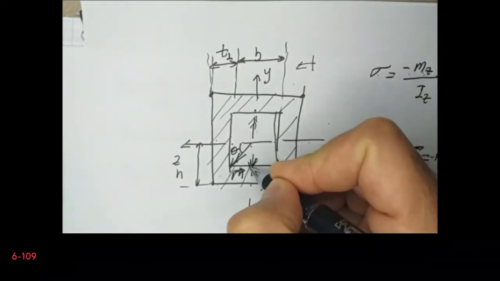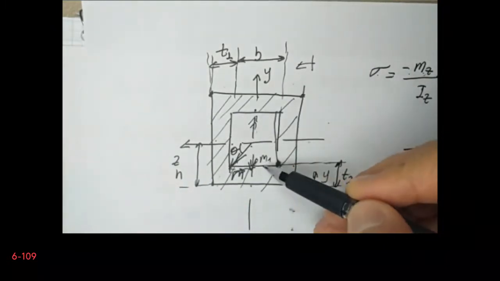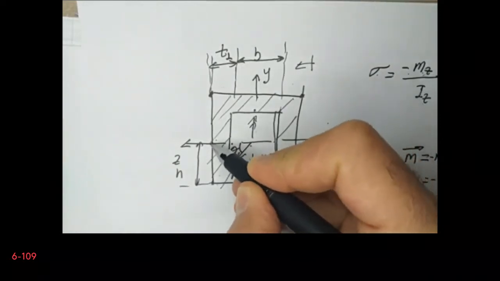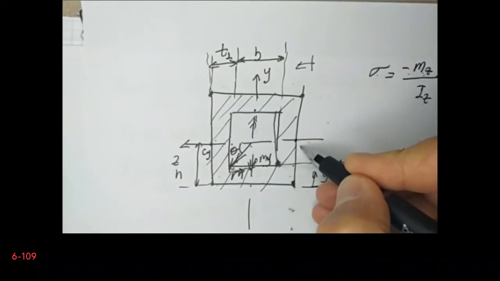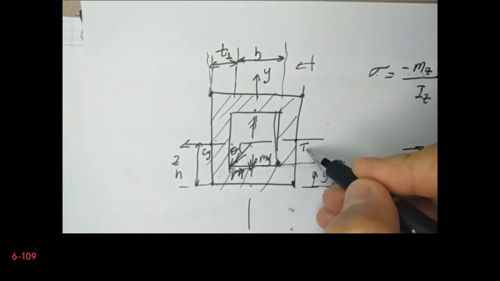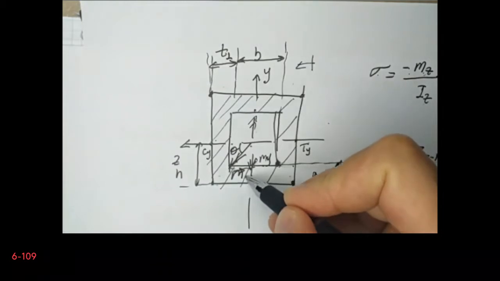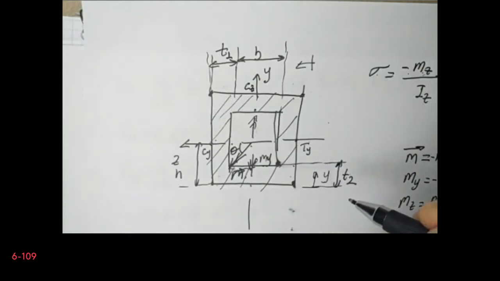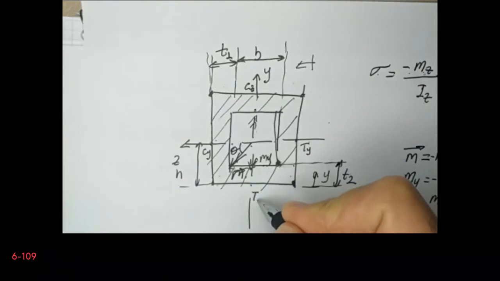For this problem, according to the right-hand rule, My will generate a compressive stress here and tensile stress on this surface, whereas Mz will generate a compressive stress here and tensile stress on this surface.